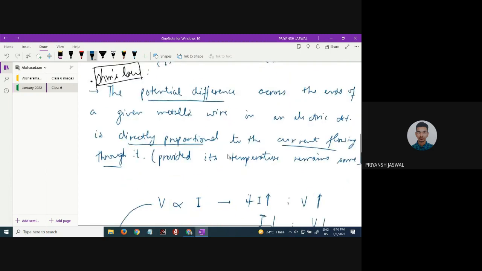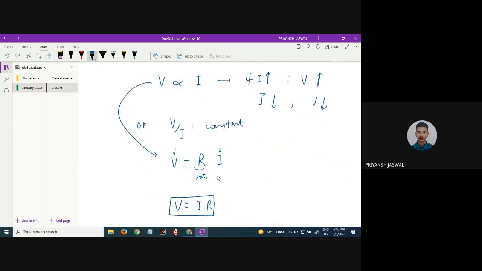What does this condition signify? This relation V is equal to IR, that is, V being proportional to current, will only hold if the temperature of the system in which these wires, batteries and other things are kept remains constant. There is no change in temperature of the system, or the wire.